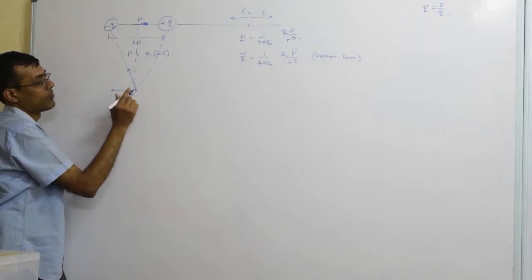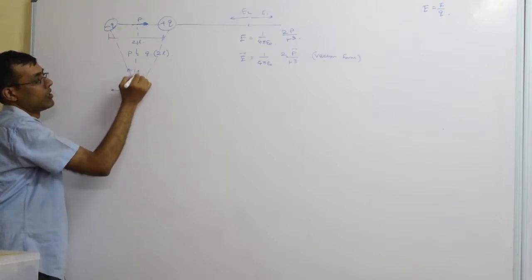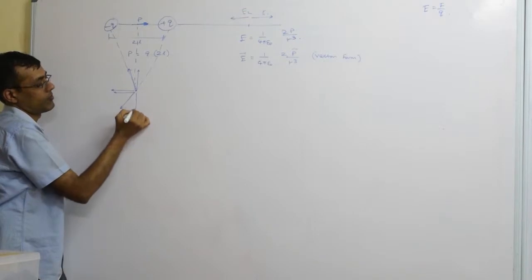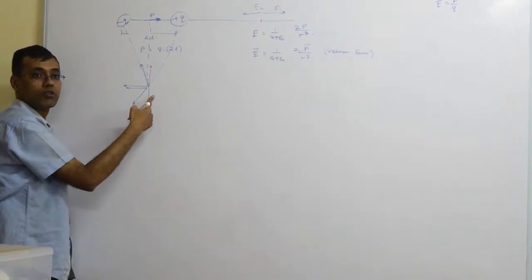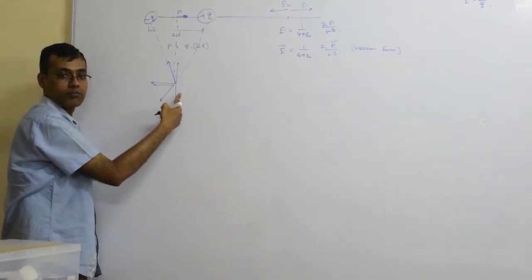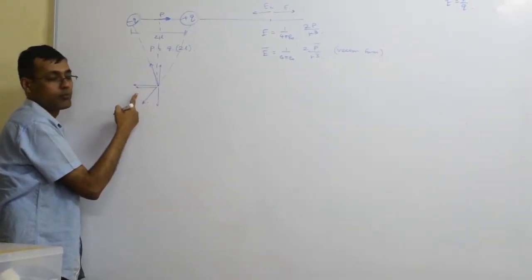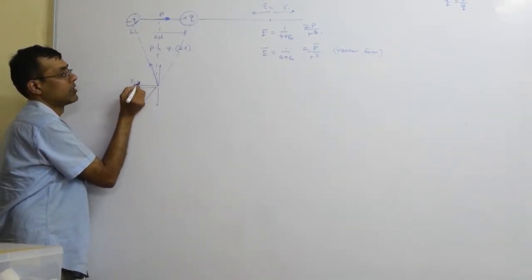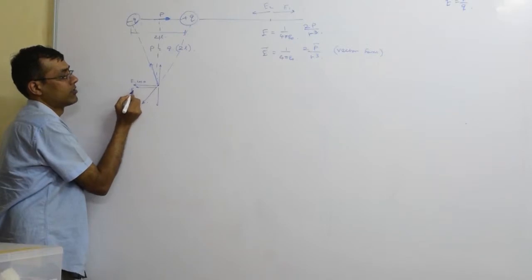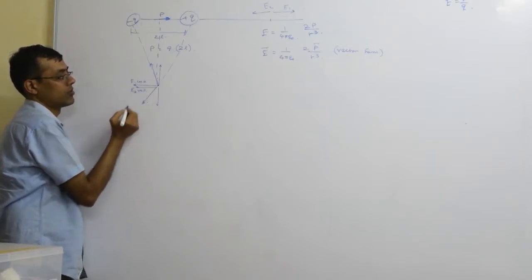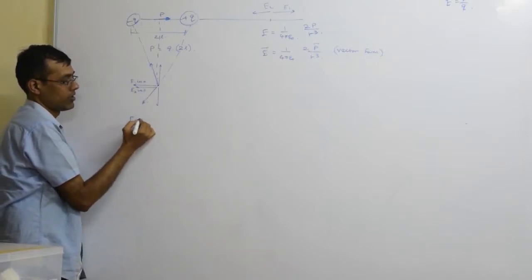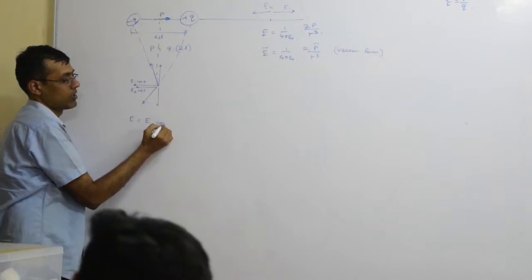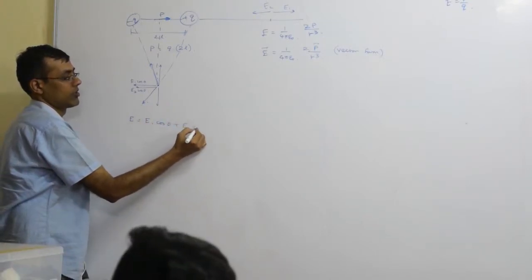So if I split this into x and y components, what will happen to these two things? These two will cancel and these two will add up. So we said this is E1 cos theta, this is E2 cos theta. So the total electric field is E1 cos theta plus E2 cos theta.